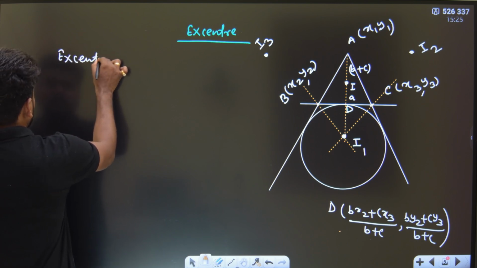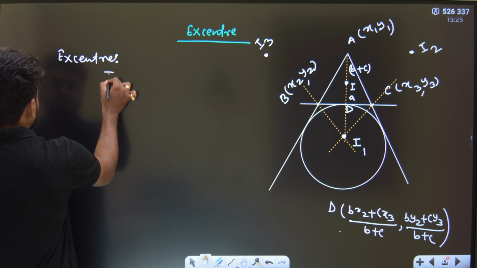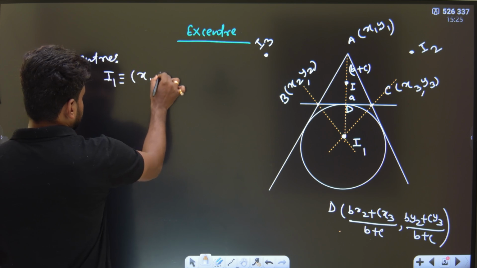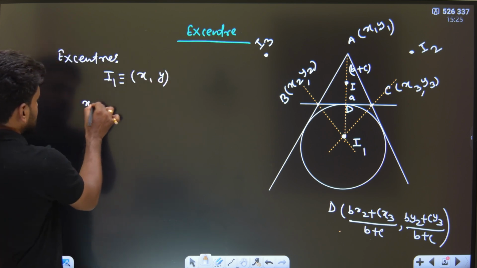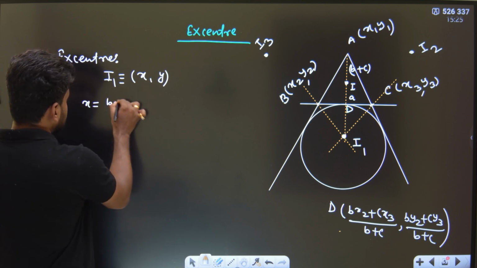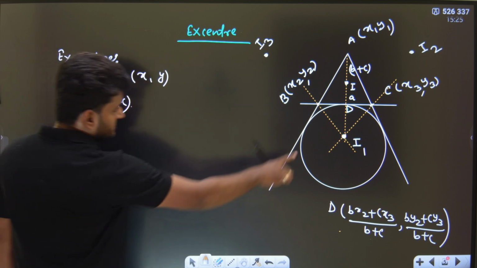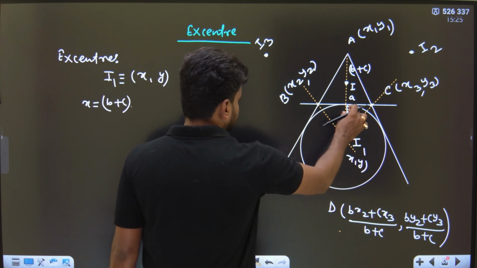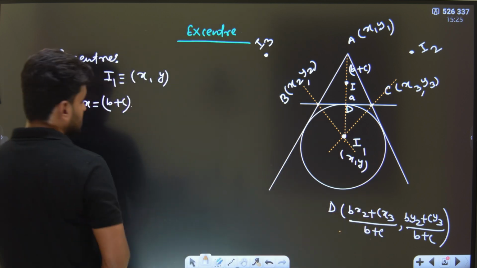Therefore for this I1, what will I write? This is our x comma y, and x equals B plus C into... suppose this is your x comma y, and D is x2.